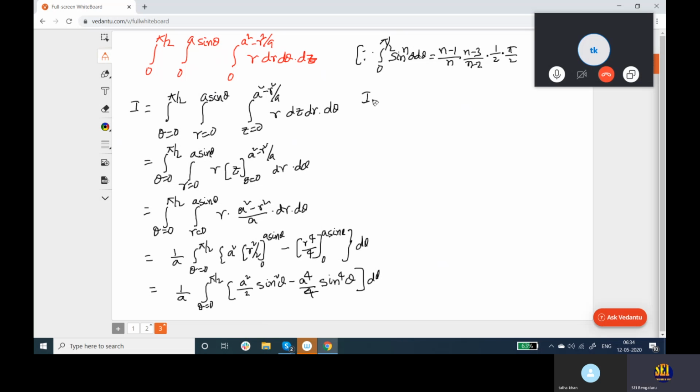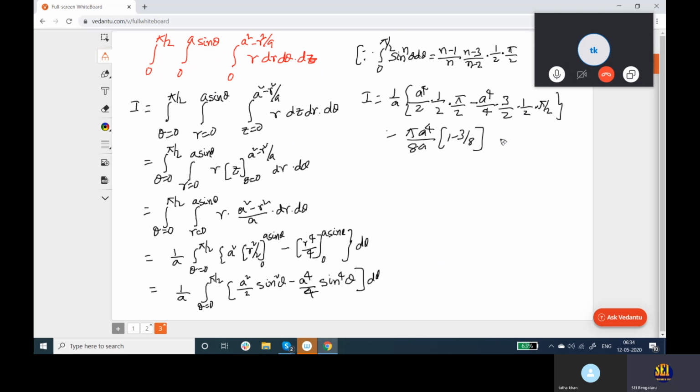So in that case, I is equal to 1 by a, a power 4 by 2 into 1 by 2 into pi by 2 minus a power 4 by 4 into 3 by 2 into 1 by 2 into pi by 2, which is equal to pi a power 4 by 8 into 1 minus 3 by 8.